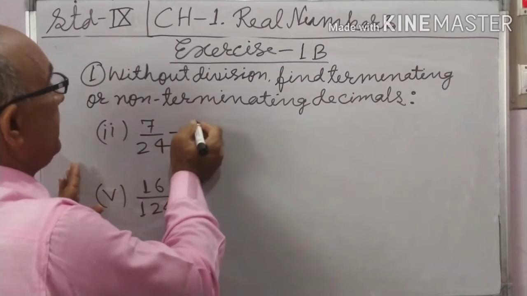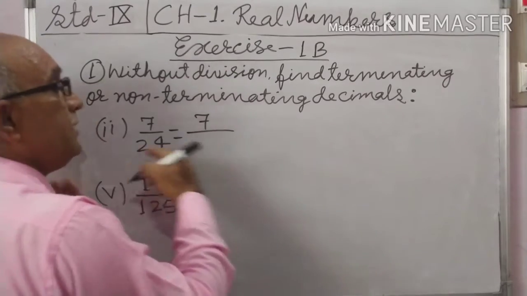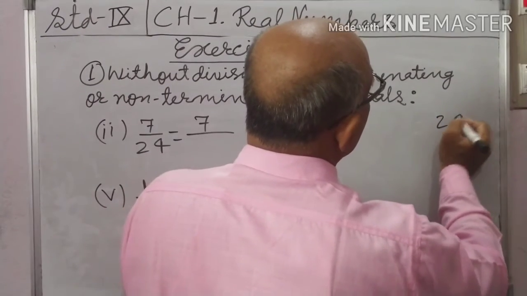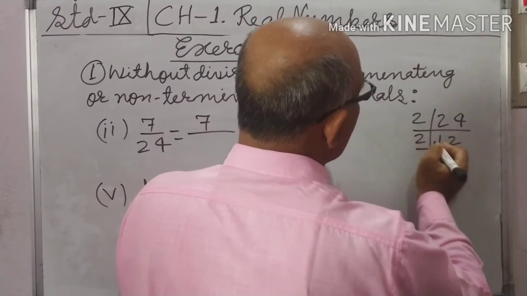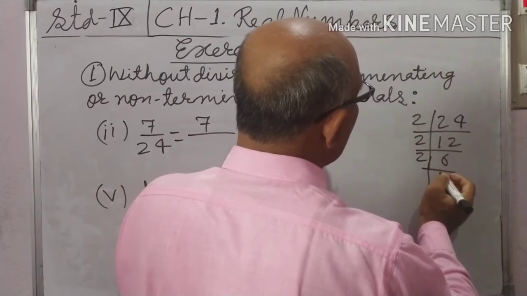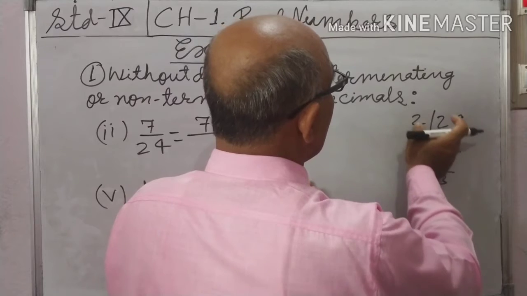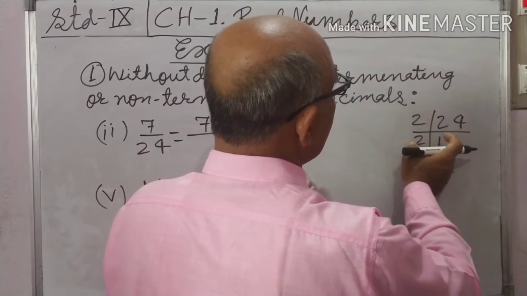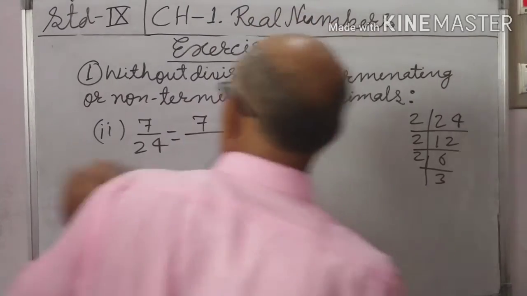So 7 by 24. Find the prime factors of 24: 2 times 12, 2 times 6, 2 times 3.